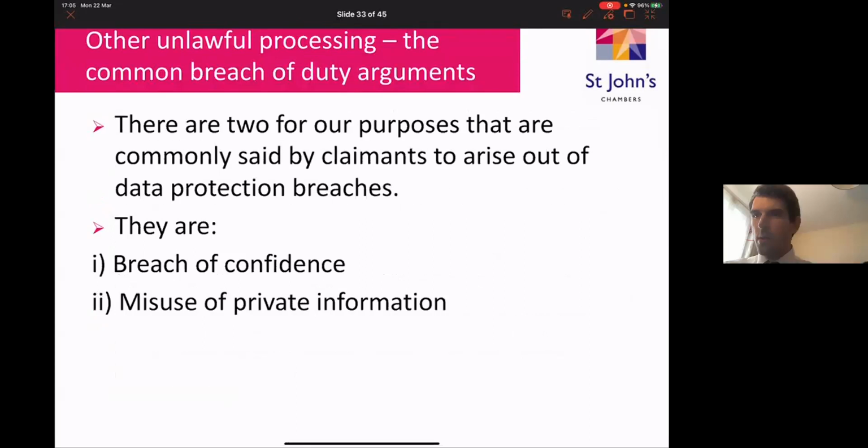I'm going to touch upon at a quicker pace breach of confidence and misuse of private information now, because they are the commonly argued other kinds of unlawful processing at common law.